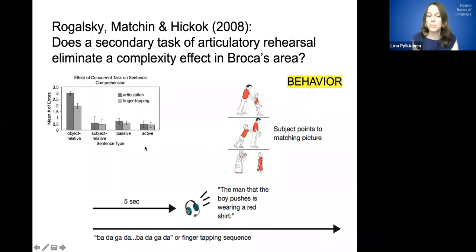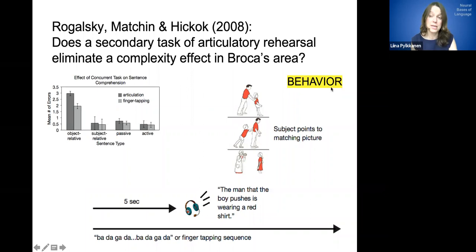You're able to process all of these expressions pretty well, even though you're doing this other task at the same time. But when we go to the object relatives, the harder stimuli, we notice that doing two things at the same time does mess you up for both tasks. But crucially, the articulation task messes you up more. It really interferes more with your ability to do this matching task.